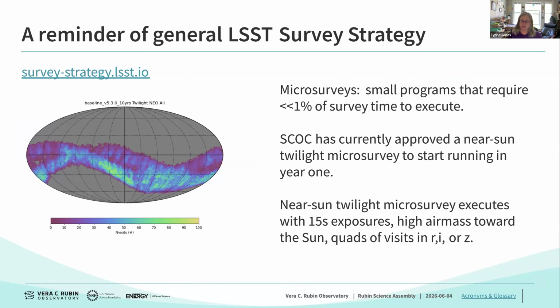The near sun twilight microsurvey runs with 15-second exposures. It's high air mass towards the sun, and there are quads of visits in the night in R, I, or Z. So these only execute during twilight, so sort of -12 to -20 or so sun altitude, and only every few days, not every day.